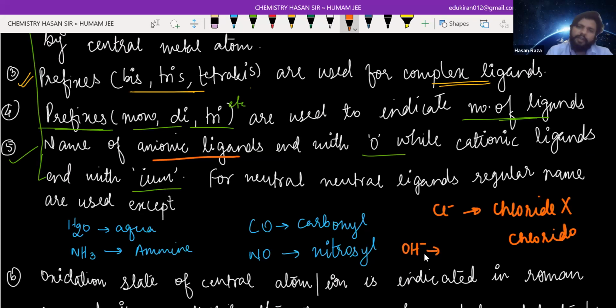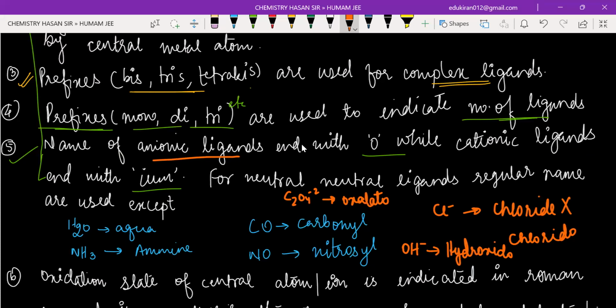OH minus is hydroxy, but according to IUPAC, its name will be hydroxido or hydroxo. C2O4 minus 2 is an anionic ligand. Its name is oxalate, I told you, but since you are going to write the name, its name becomes oxalato. Are you getting my point?